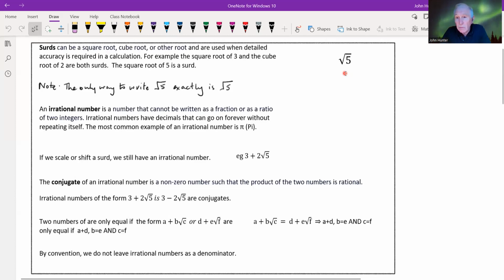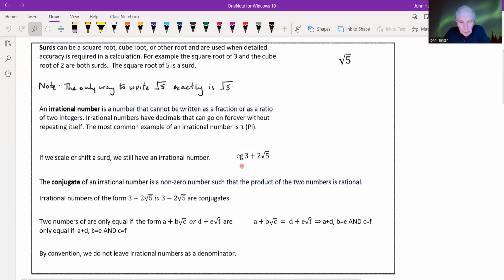So the square root of 64 is 8, so that's going to be a rational number. But the square root of 5, stick it in the calculator, you just get an infinite number of decimal places. So what we're talking about are irrational numbers that involve a surd, and they're sometimes called surds, but surd is only part of it.